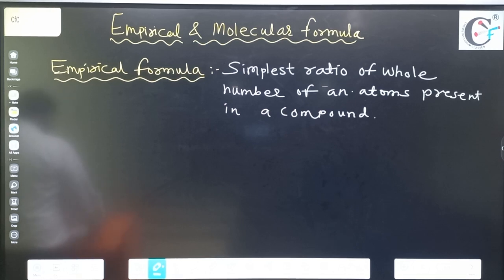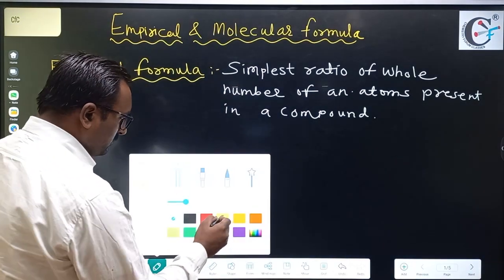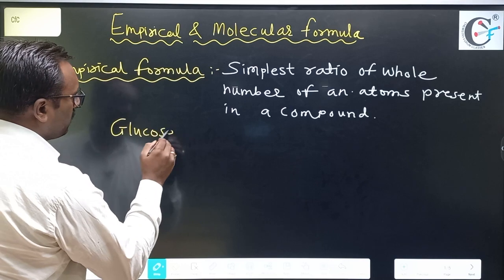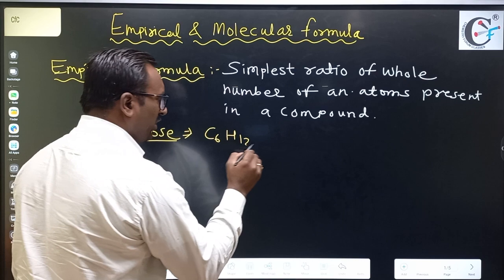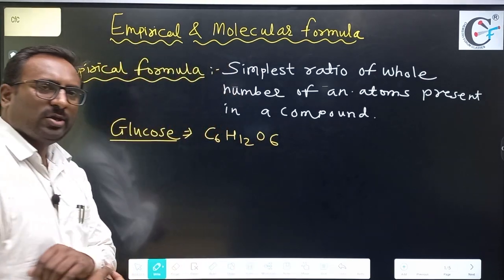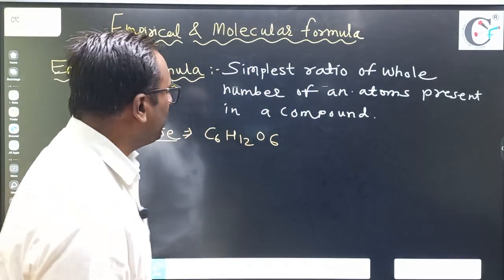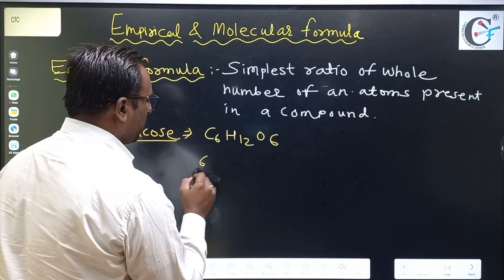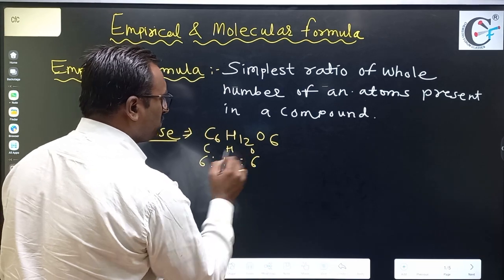Okay, so if I take glucose, we know that glucose has the formula C6H12O6. This is the molecular formula of glucose. Now, it is a complex ratio, we have to convert it into the simplest. So let us simplify. We have the ratio 6:12:6 for carbon, hydrogen, oxygen.